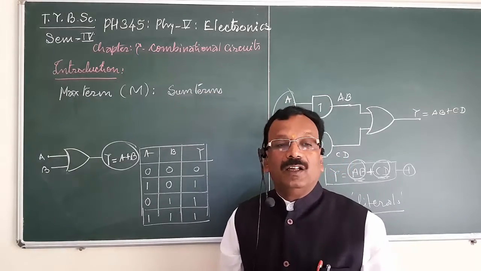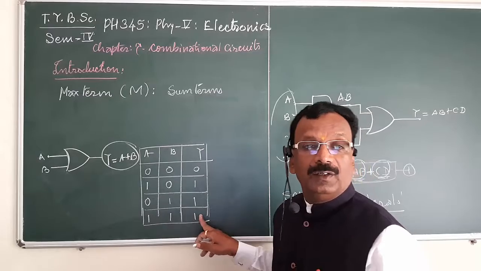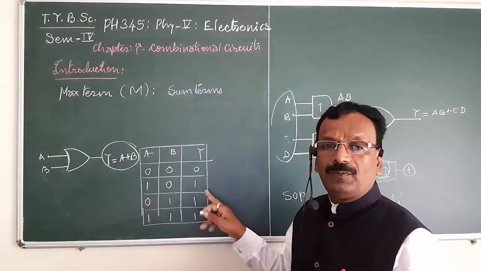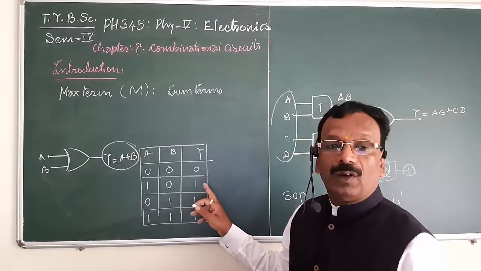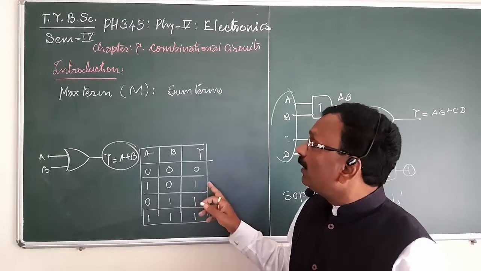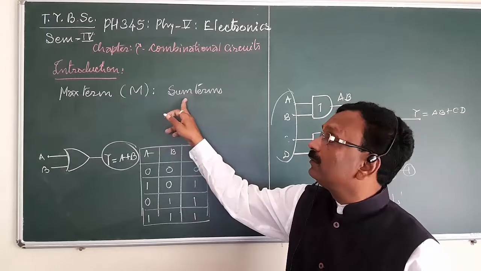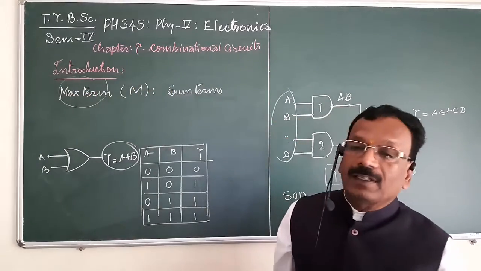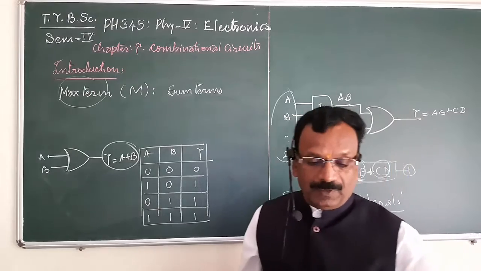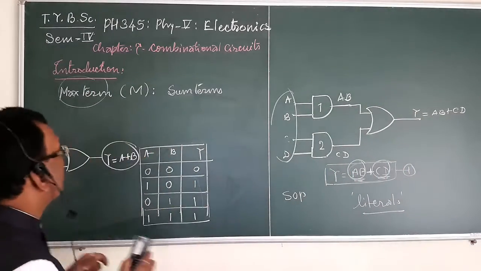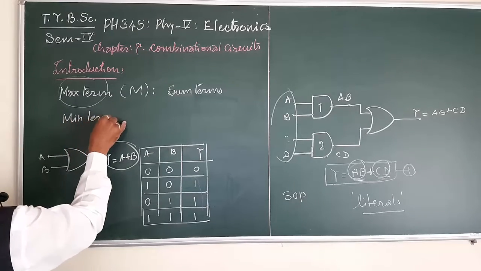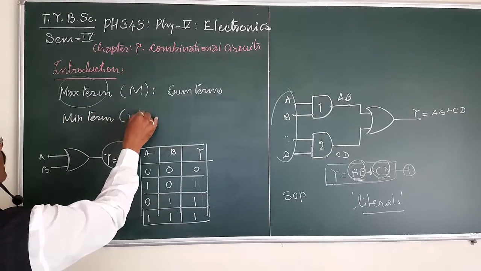In OR gate the output is logically 1 for the maximum number of combinations of inputs. Hence the output of OR gate is called maximum term or simply max term, and it is expressed by capital M.